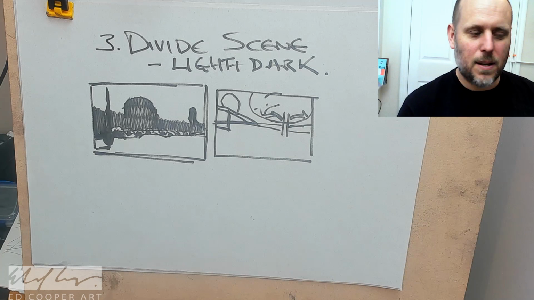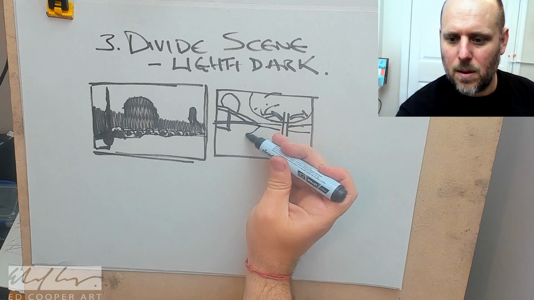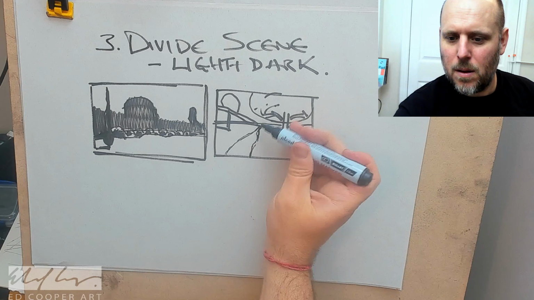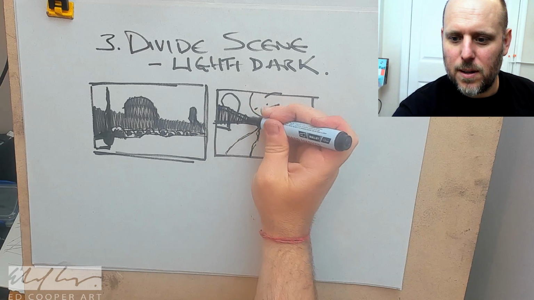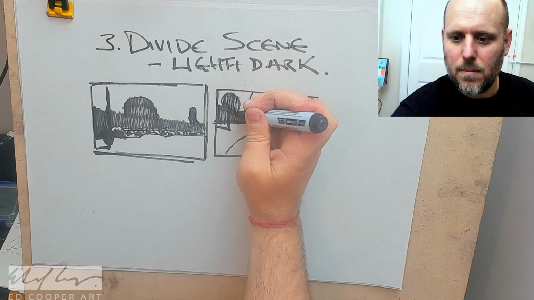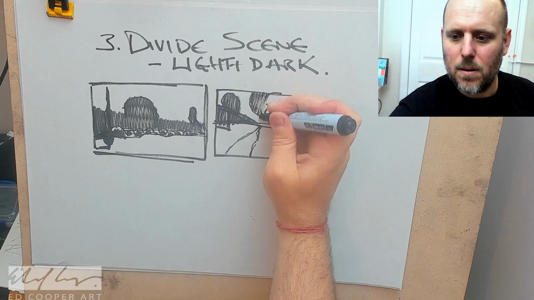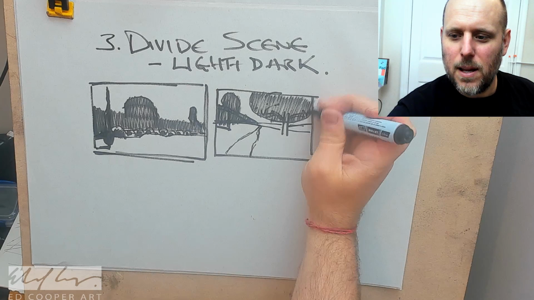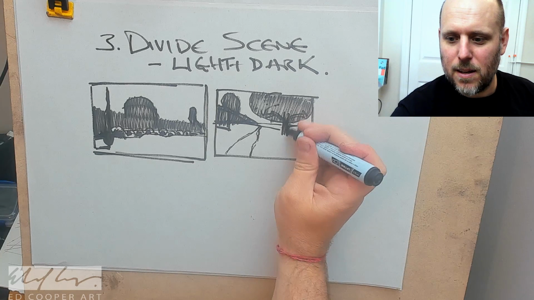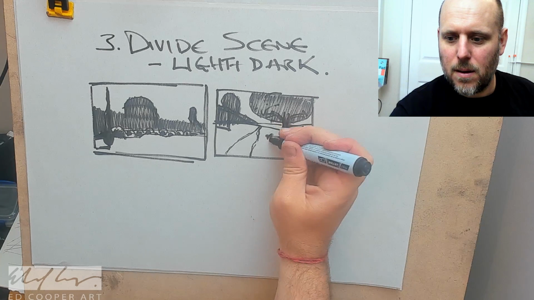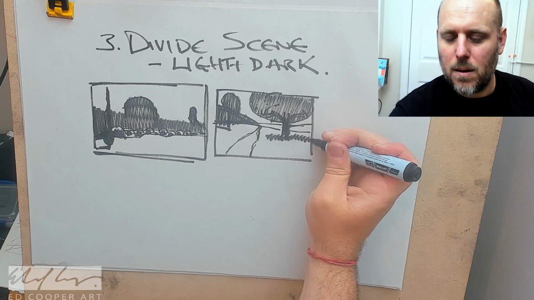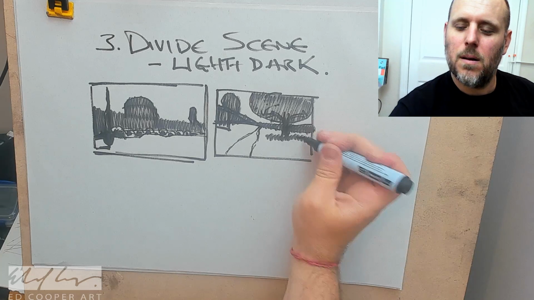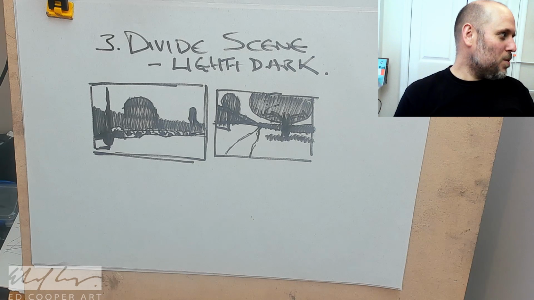And then maybe there was, so let's block that in. Now obviously there were some sky holes in, I can't really do that here. Okay, but that was my light and dark pattern.